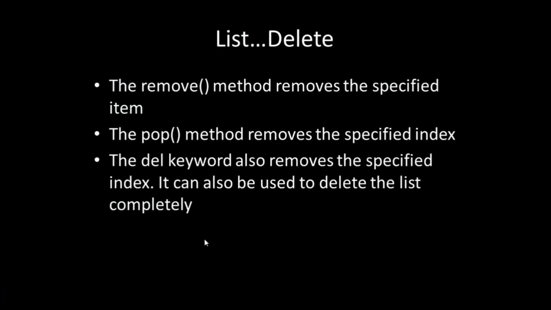The del keyword also removes the specified index. It can also be used to delete the list completely. Okay, so del performs two operations here. You can remove the item at a particular index, or you can delete the list completely.